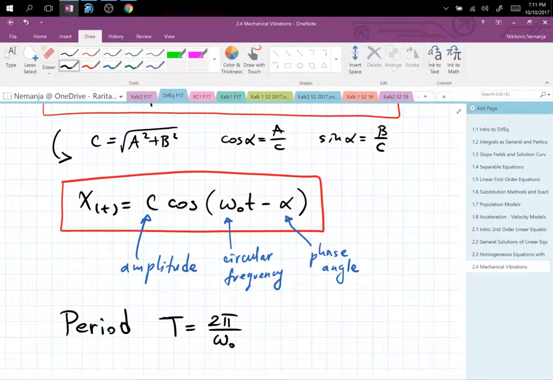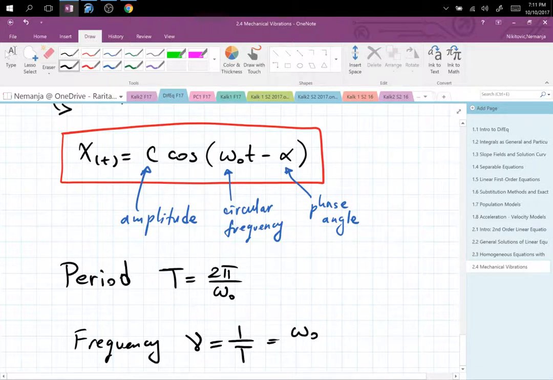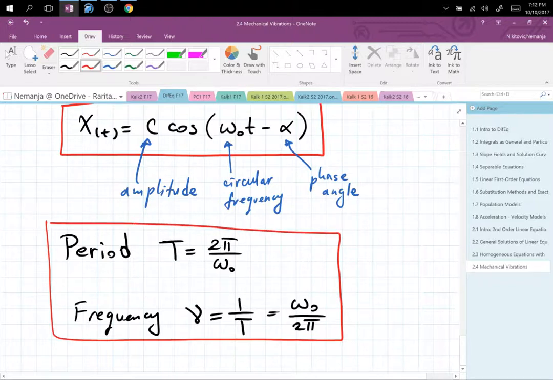And the frequency is equal to 1 over T, which is omega 0 over 2 pi. A whole bunch of homework questions will ask you to find the frequency and to find the period.